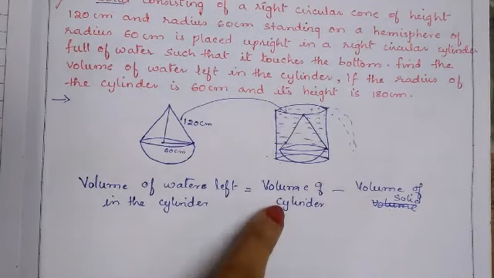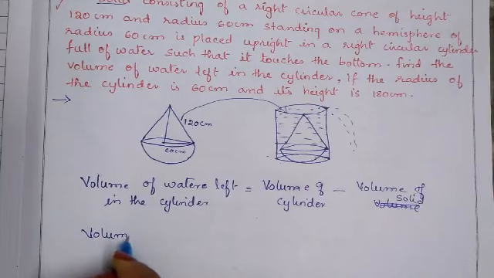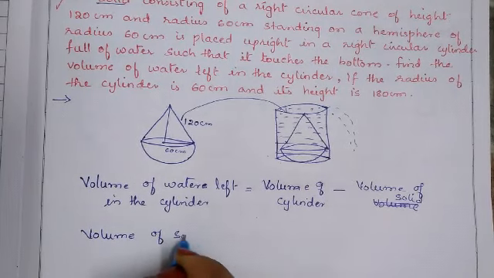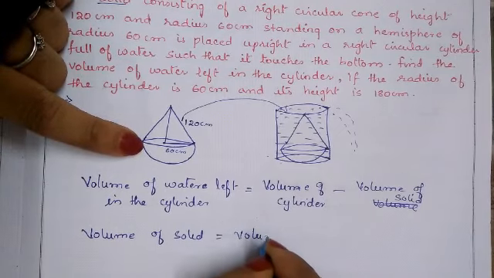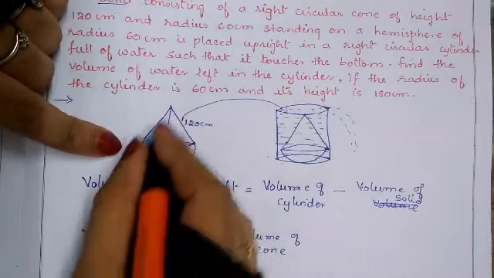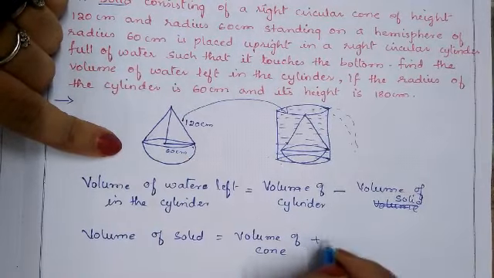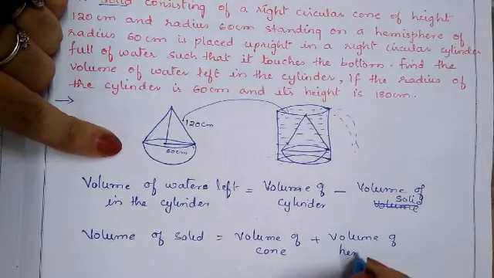Now let us see, volume of solid is what? Volume of solid is nothing but volume of cone plus volume of hemisphere.